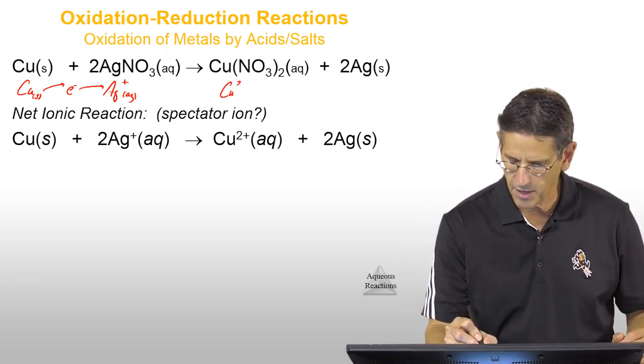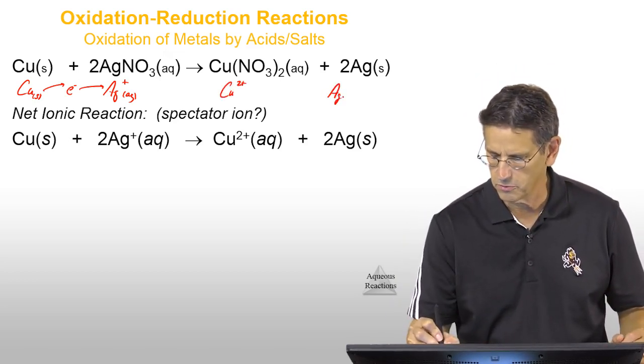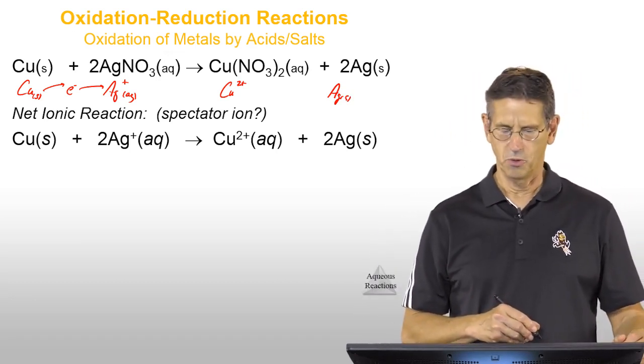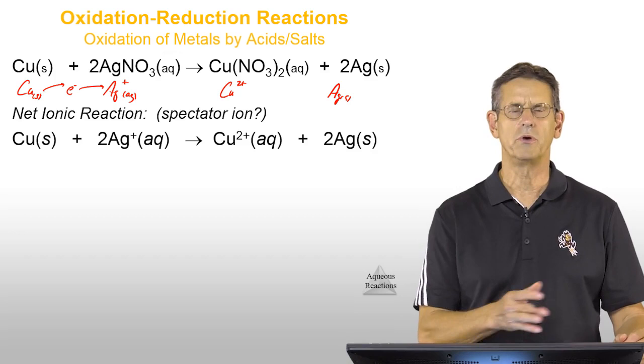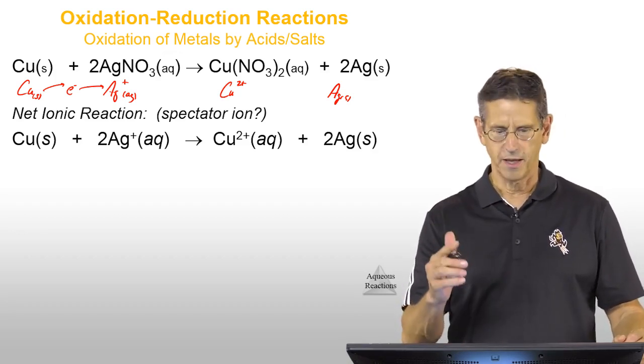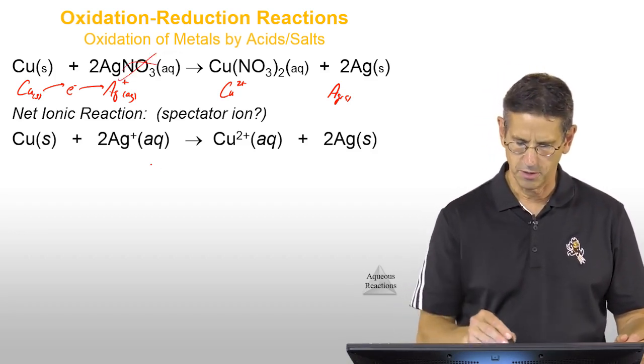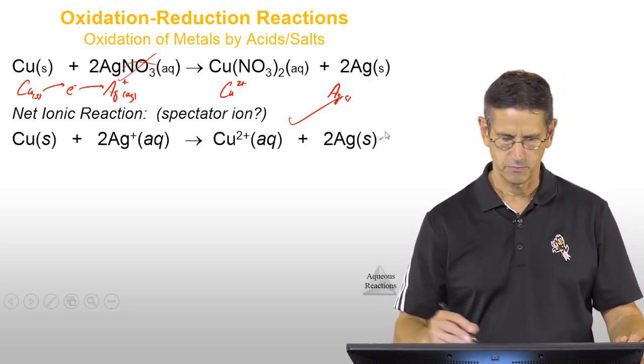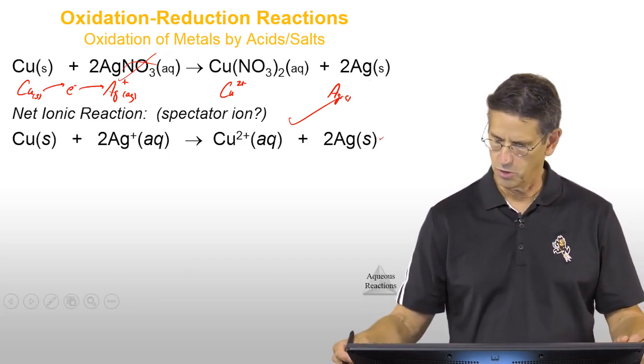We now have copper 2+ and silver solid. All right. What is a spectator ion in this, by the way? Well, it's nitrate. If you do a complete ionic, net ionic, you would cross out the nitrates, and therefore you've got that. There's your net ionic reaction. So basically what I just wrote above it.